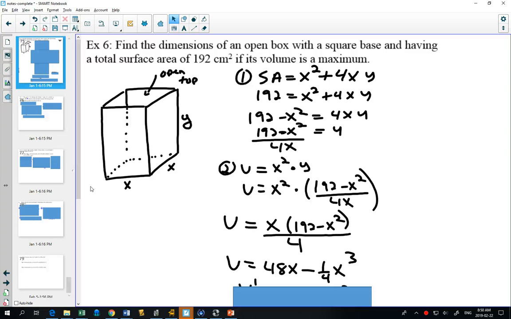Having x squared plus 4xy, it's much easier to get y by itself than it is to get x by itself. So I move the x squared over and divide by 4x and find out that y is equal to 192 minus x squared over 4x. I can now substitute that in for this y, and I get an equation in terms of x only.